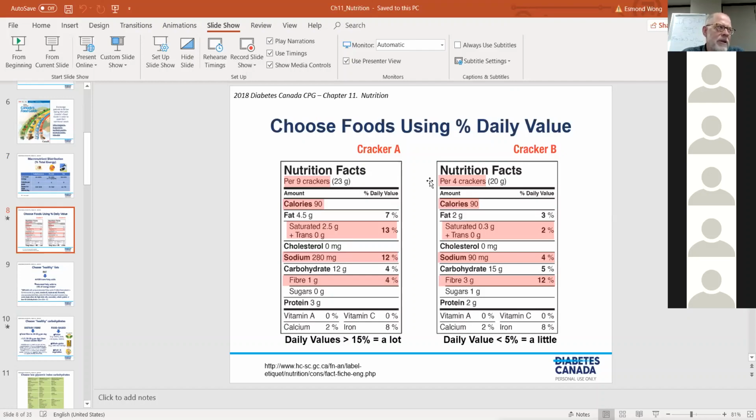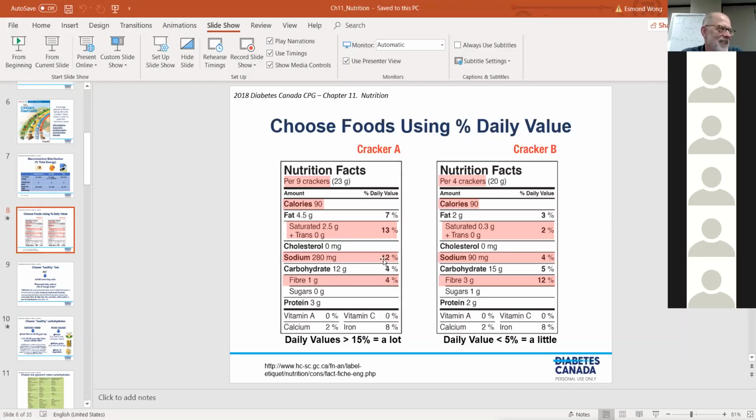That is not telling you how much carbohydrate is within those 9 crackers. Within those 9 crackers, there are 12 grams of total carbohydrate. 1 gram of that is fiber. So 11 grams is available carbohydrate. You don't look at the percentage at all. You don't have to be concerned with percentages.